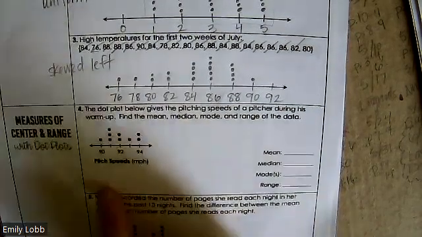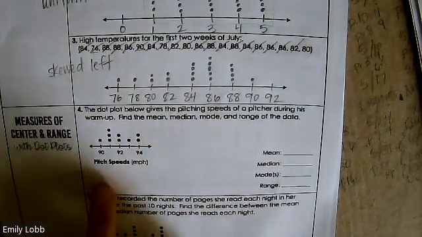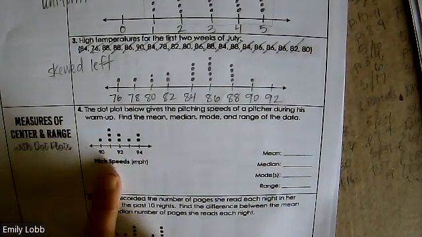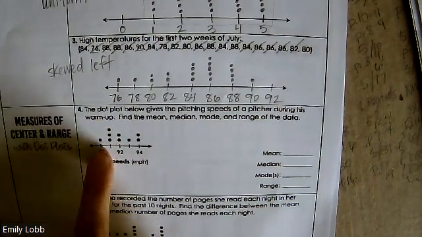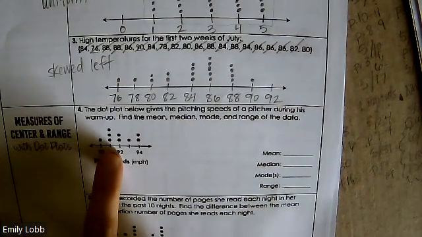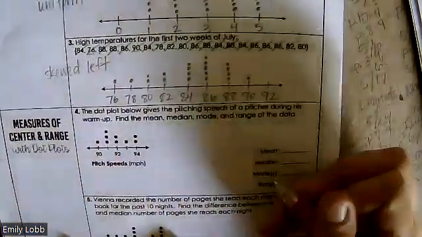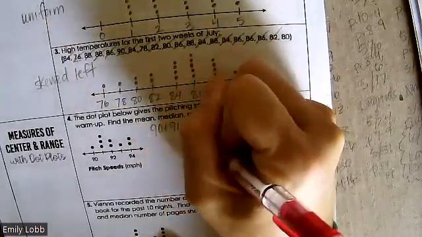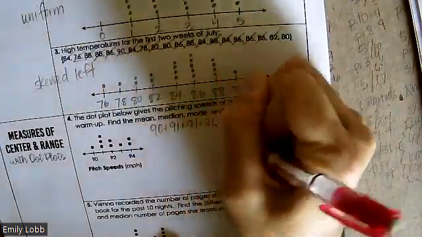All right, remember each one of these represents something. So this dot represents a 90. These dots represent what? What's between 90 and 92? 91. So if I were writing this out, I would say 90 plus 91 plus 91 plus 91.